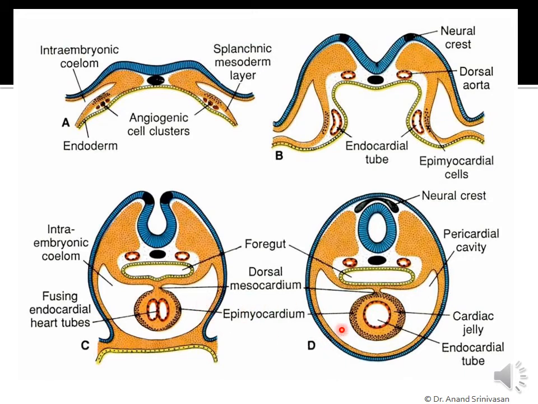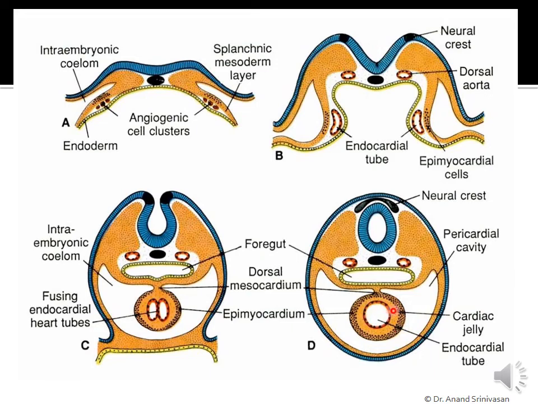Right. Now let's see the other aspects of the endocardial tube. Here you can see the endocardial tube, which is lined by the endothelium. Surrounding this endocardial tube, there is a small layer which comes from the extracellular matrix, and this is called cardiac jelly because it contains a large amount of hyaluronic acid.